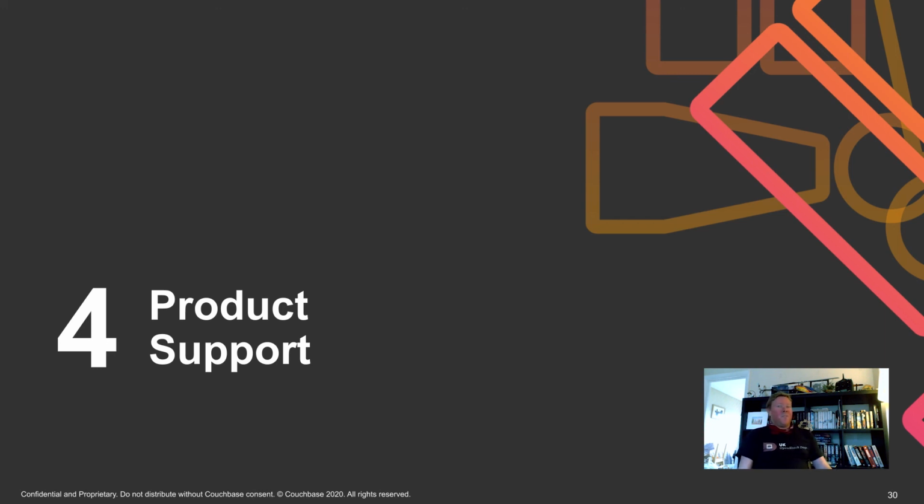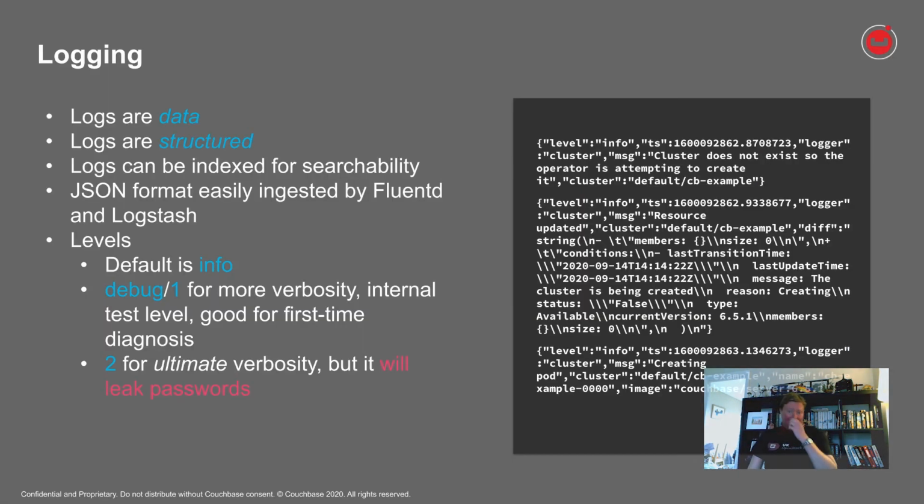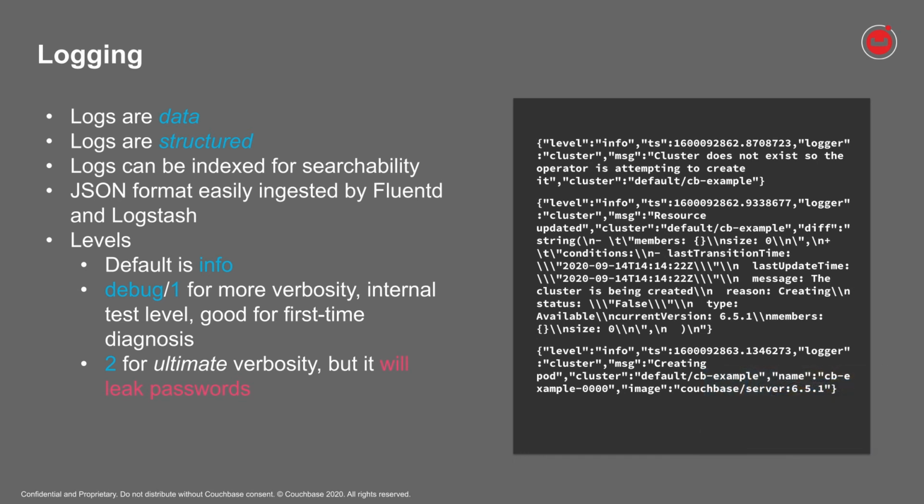So the first thing we're going to look at is logging. The operator itself provides logging on standard out, like pretty much everything in Kubernetes. Like all operators using the operator SDK, things are now emitted using the UberZap library. What this does is it recognizes that logs are structured and they are data, and there can be tags or labels associated with that data, and you can use those labels to actually index things.